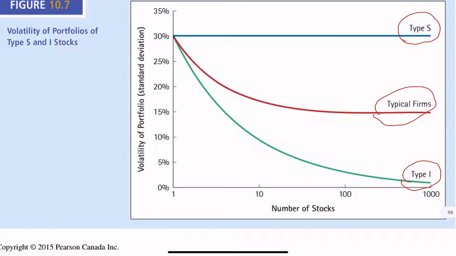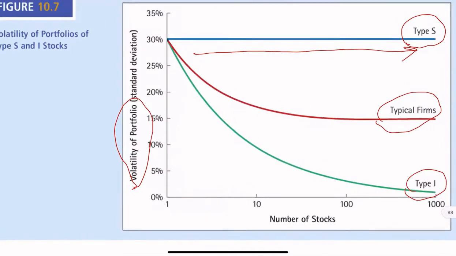So you can see that if we're only talking about type S firms, as you increase the number of stocks, the volatility of your portfolio stays the same. So there is no diversification benefit. If you look at type I firms, as you increase the number of stocks, the volatility of your portfolio declines very fast and almost approaches zero.